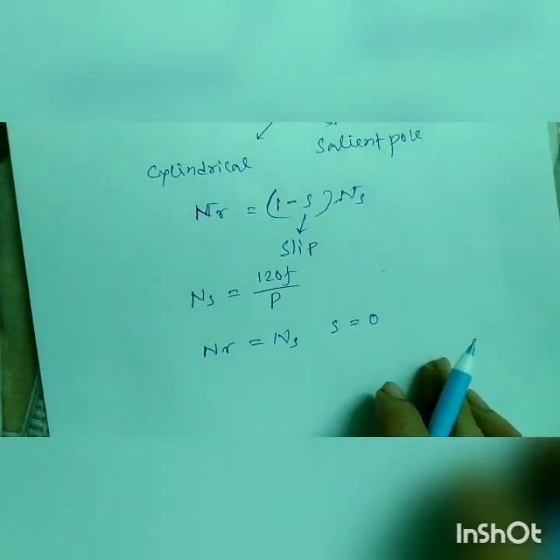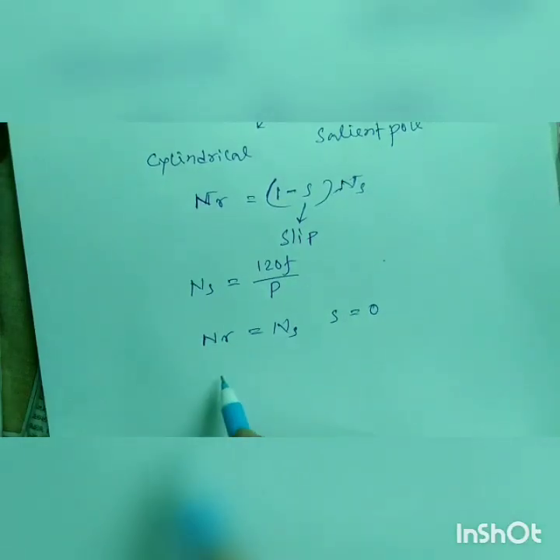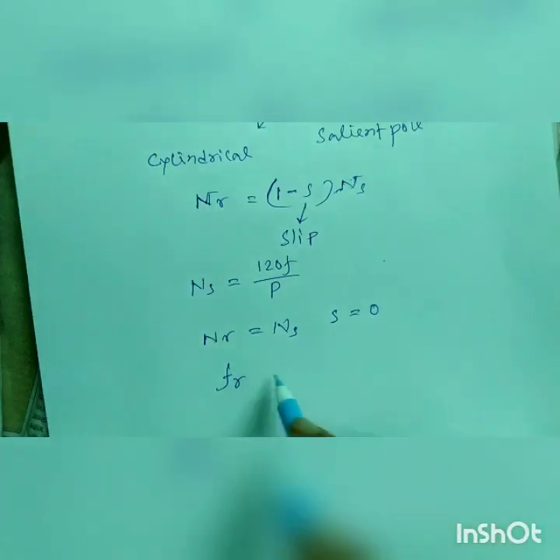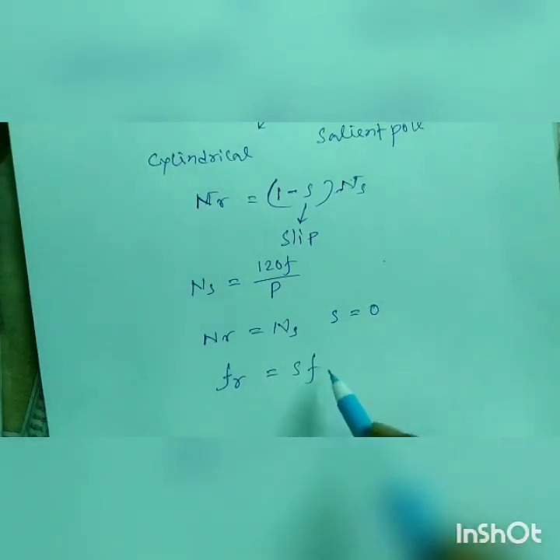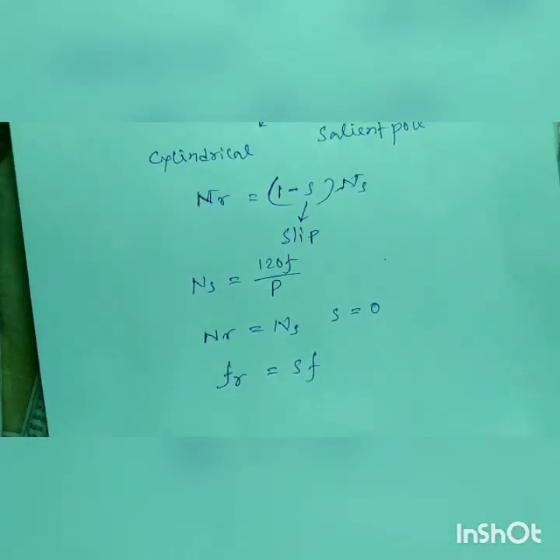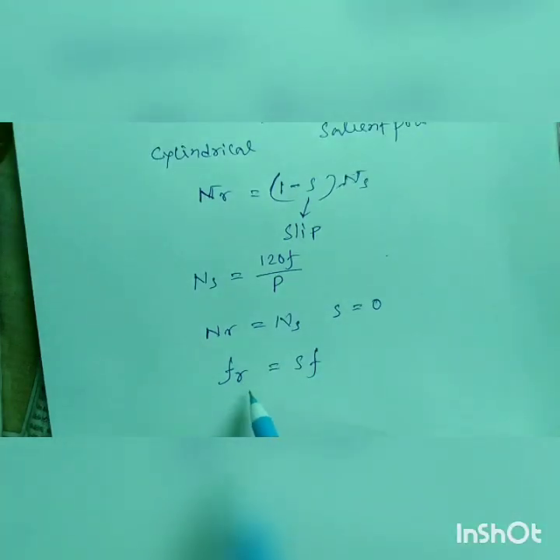And you know, in an induction machine, fr, which is the rotor EMF frequency, is equal to s into f, where f is the line frequency of the stator or armature. So when s is 0, fr is 0.